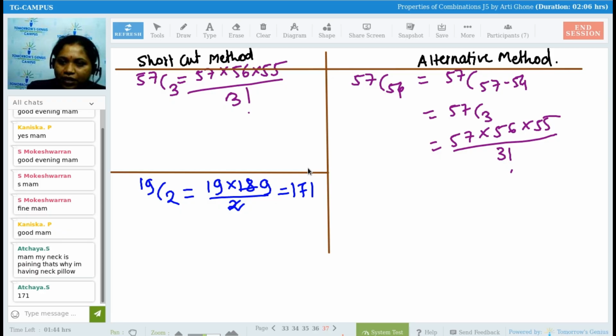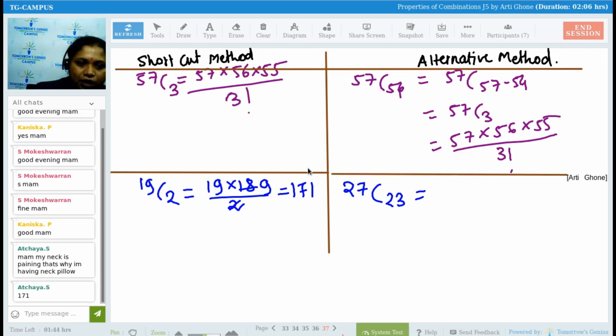Now everyone try this one. 27C23 with this trick now. Minus trick I am telling you because both the values are very close to each other. So in that case, we have to apply the alternative method.